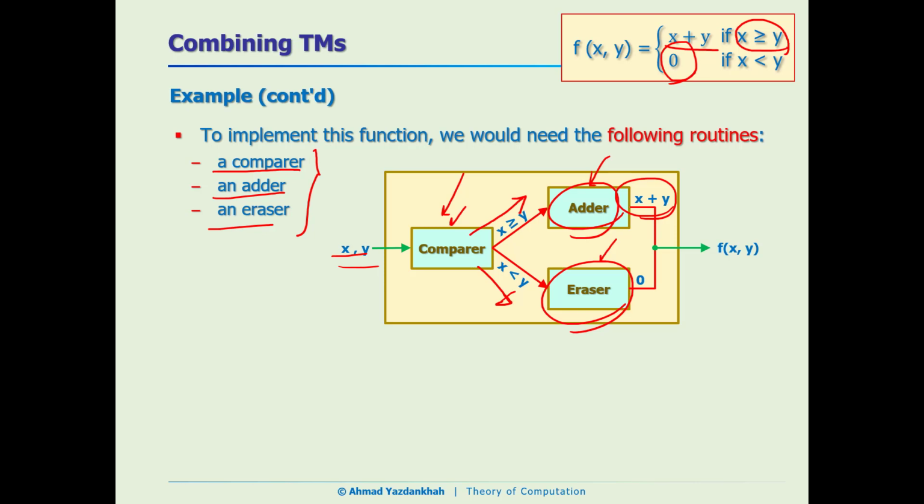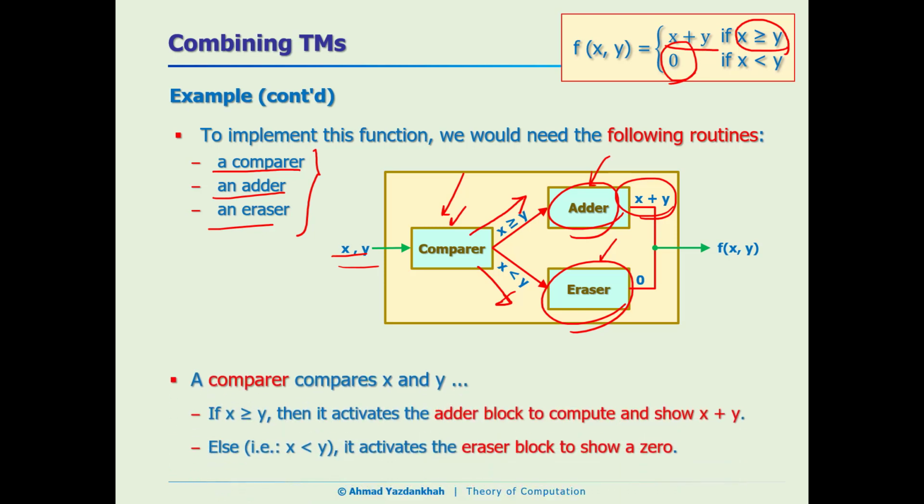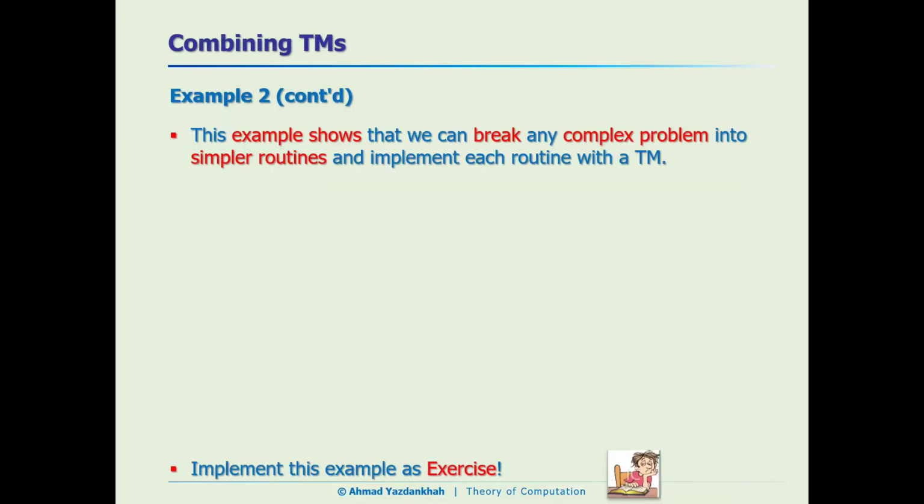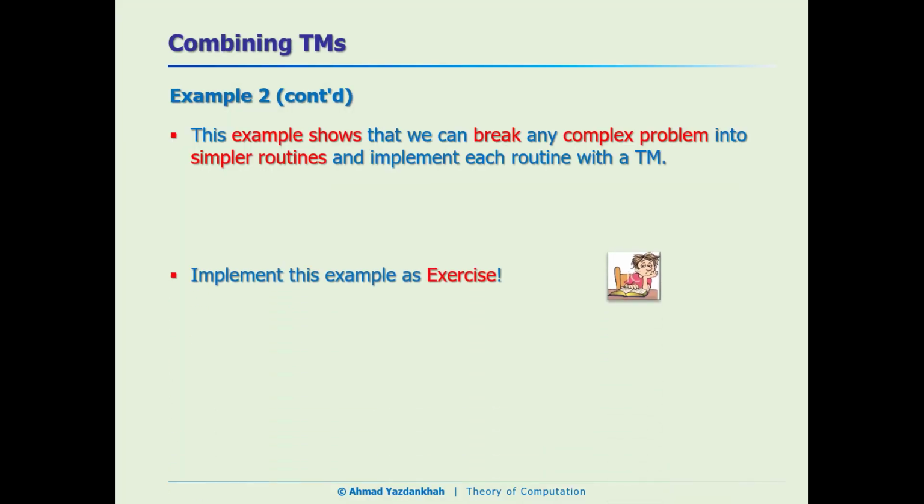You see, this is a very simple example of how we can break down a complex problem into smaller and simpler problems, and then combine them to create a more complex Turing machine that solves the entire problem. The implementation of this example is so simple. You may implement it as an exercise.